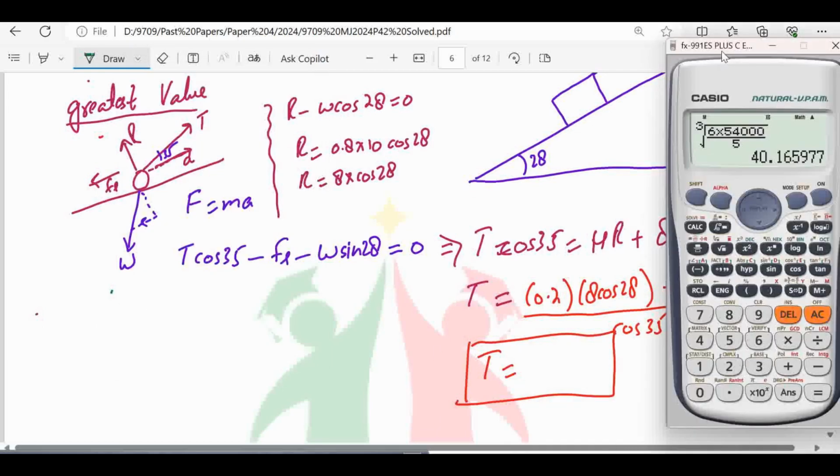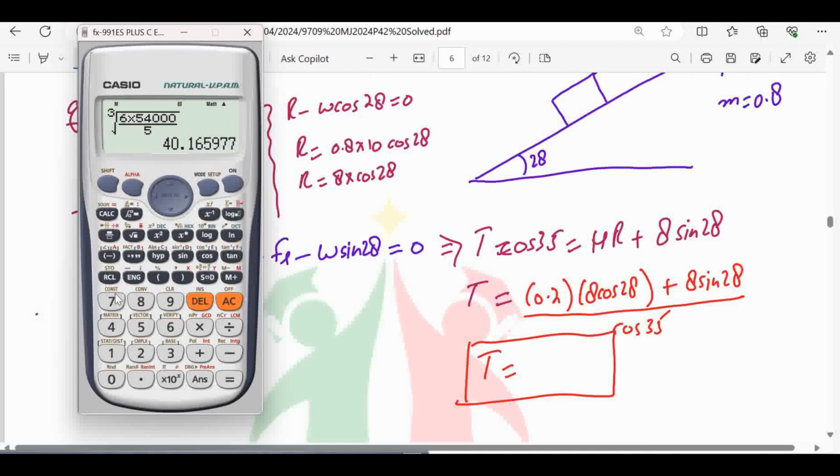This will be 0.2 multiplied by 8 cos of 28 plus 8 sine of 28, whole divided by cos of 35. So this will be equal to 6.63.